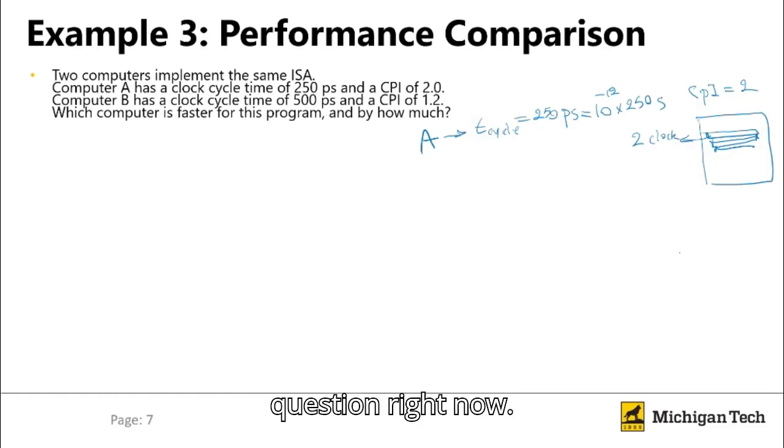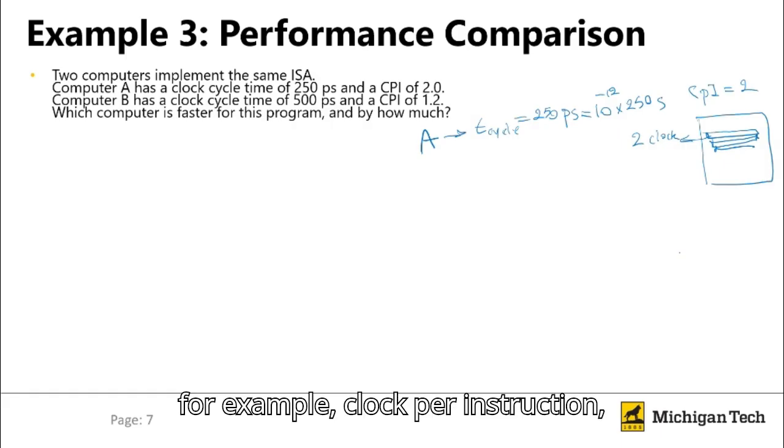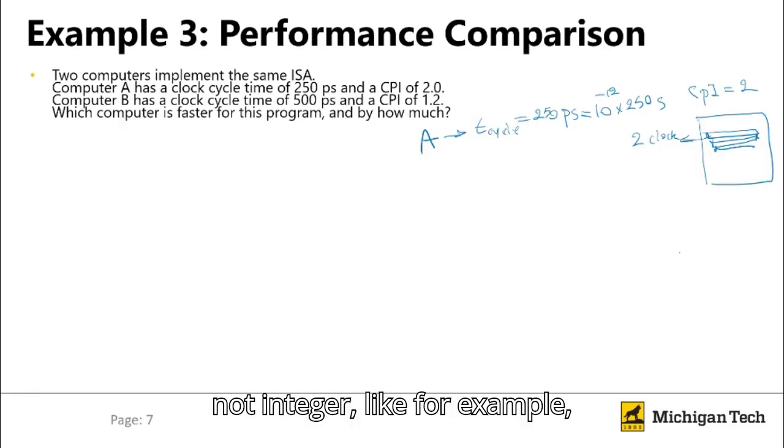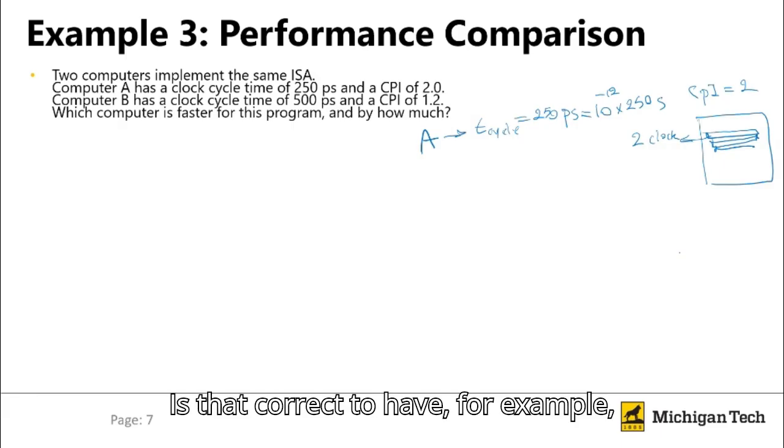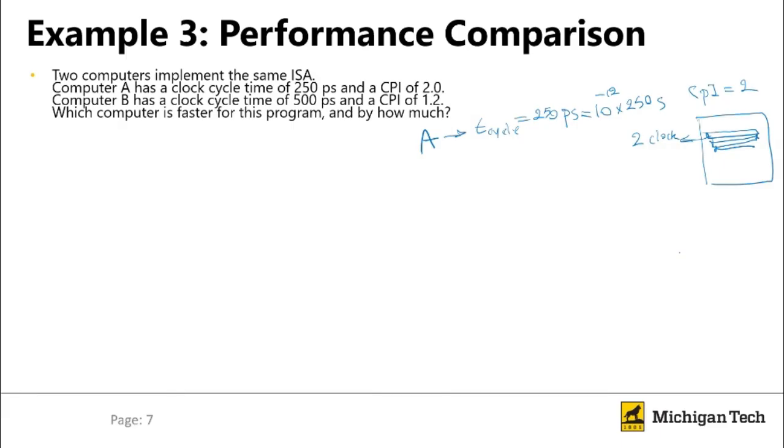Okay, I have a question right now. Can we have, for example, clocks per instruction not an integer, like 1.2? Is that correct, to have clocks per instruction of 1.2? Is this possible?